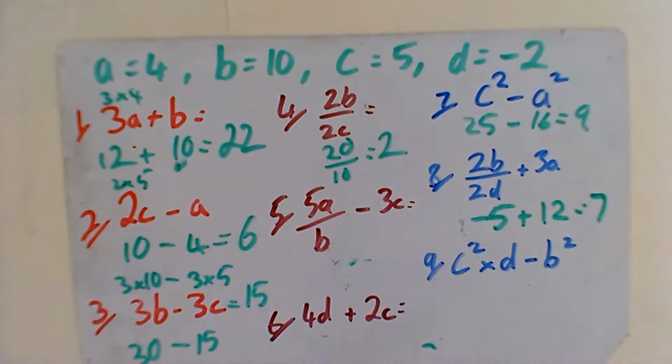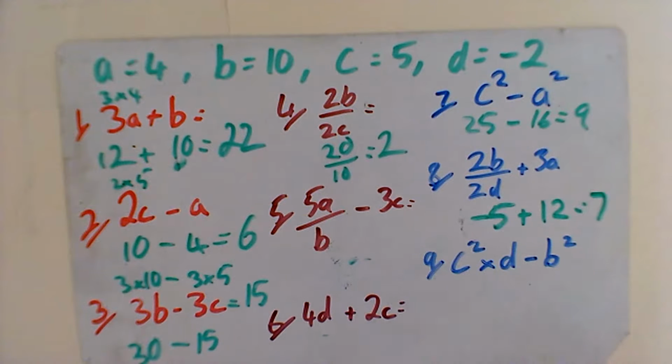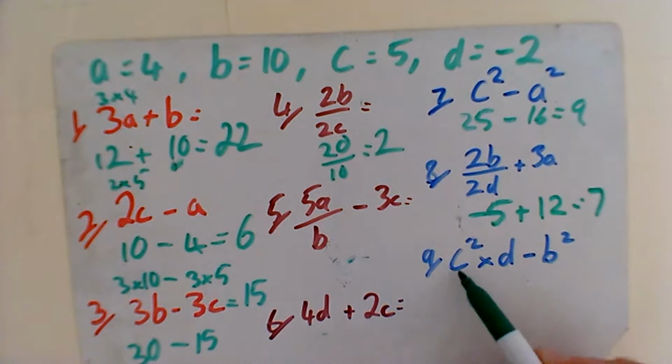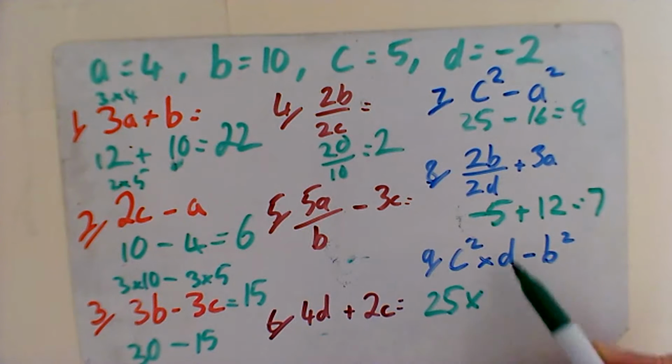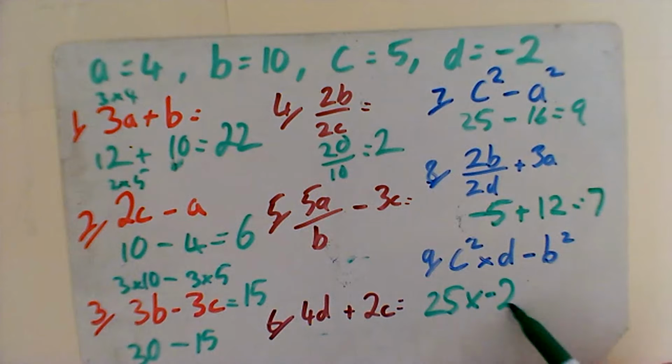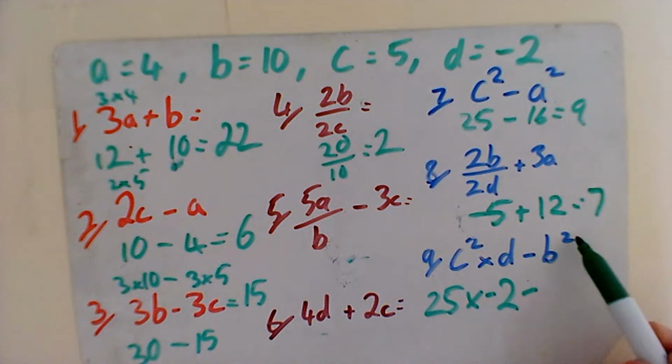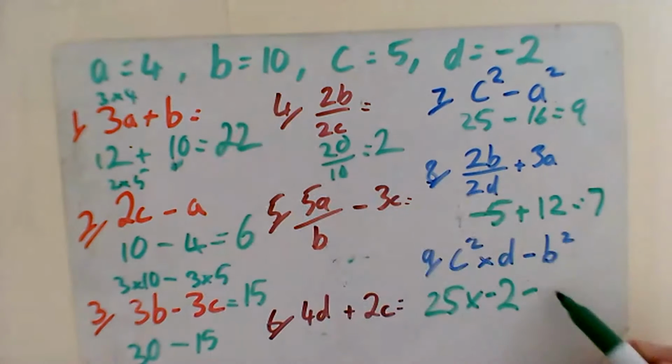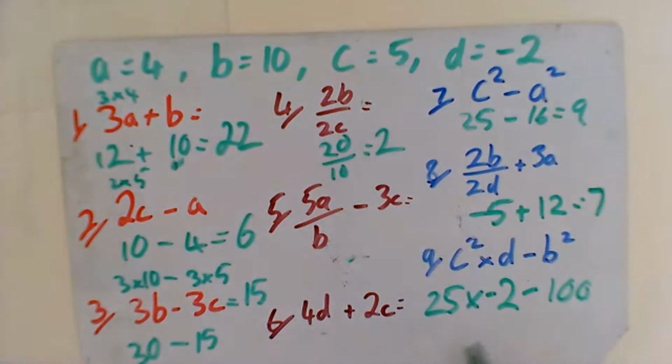Okay, so fairly tricky. Let's look at the last one. C squared, 5 times 5, 25, times minus 2, take away B squared, 10 times 10, 100. So let's have a look at this part here. We've got 25.